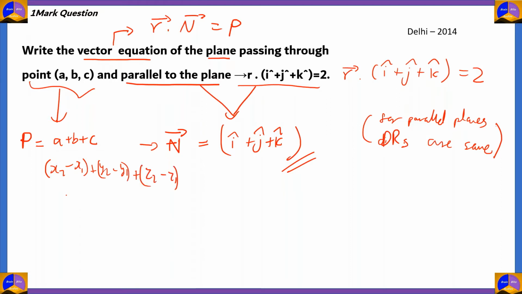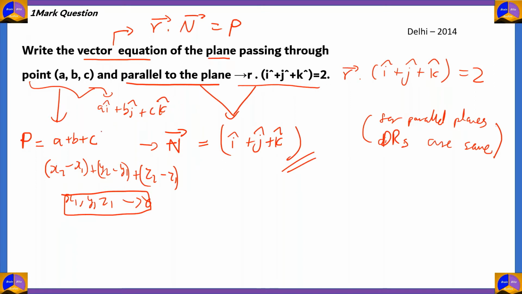And over here, x1, y1, and z1 are 0. So therefore, we have p is equal to a + b + c. The point here has the vector ai + bj + ck.